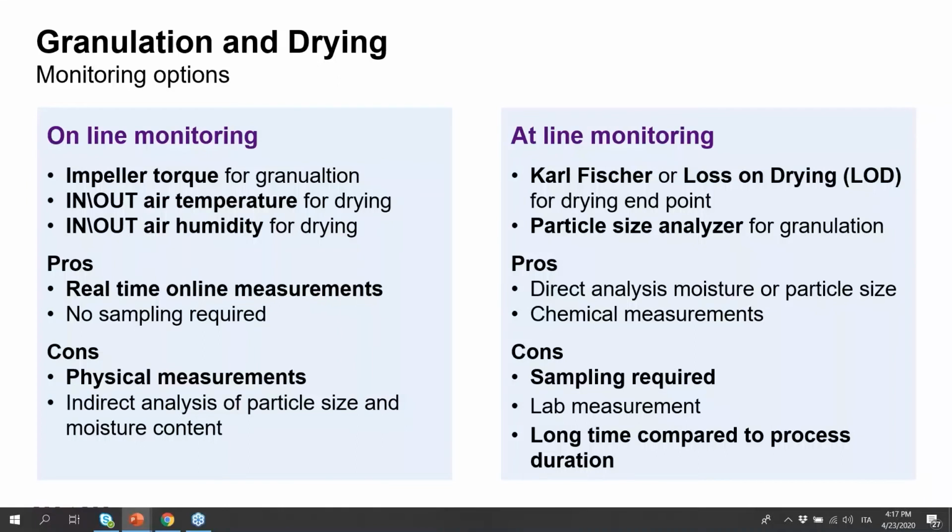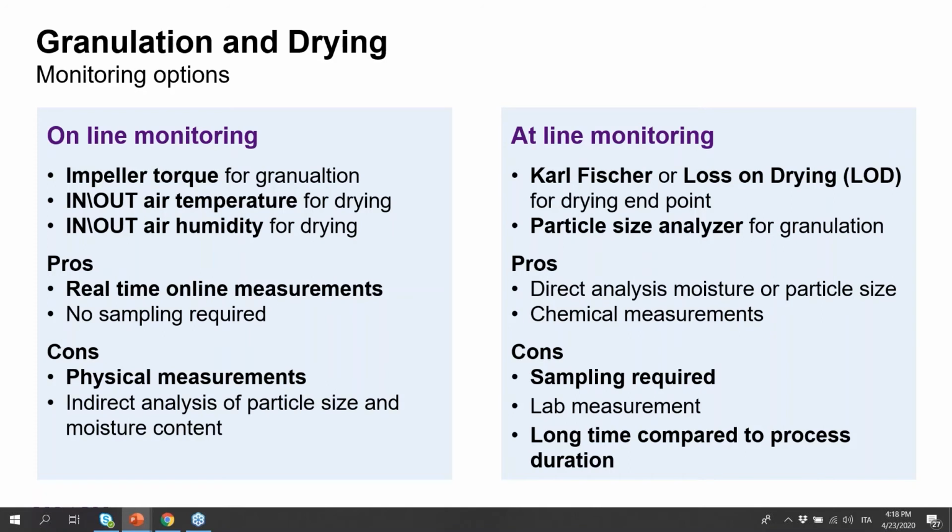It's interesting to know that we can have 2 options to monitor this kind of process. First of all, we can do measurement online using physical parameters like the impeller torque, or the temperature of the air, or the humidity of the air.